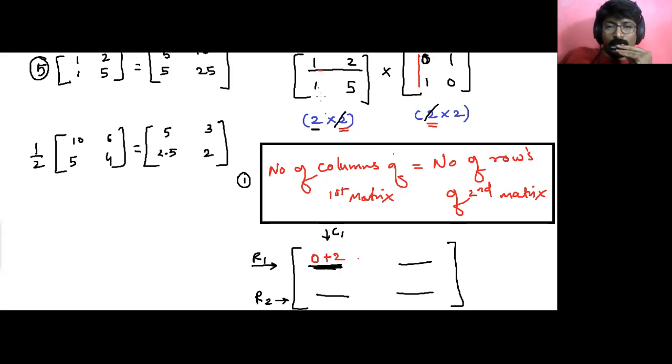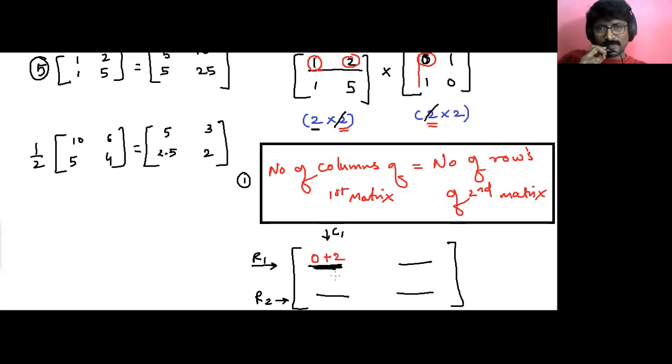What I did, first of all I chose row 1, and then I chose column 1 of the second matrix. So row 1 of the first matrix and column 1 of the second matrix, and each has two entries. So we multiplied each entry with its counterpart, 1 into 0, and I wrote the product over here, plus the second entry with the second entry, so 2 into 1. I hope you understood what I did exactly.